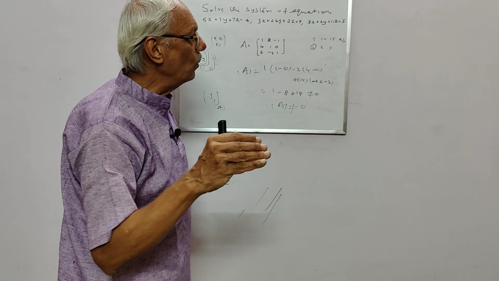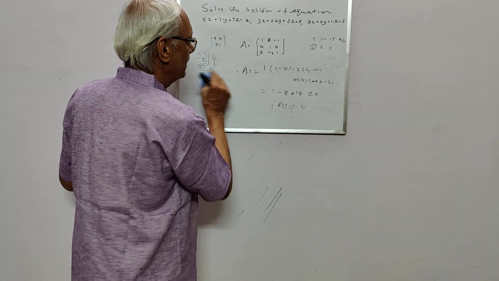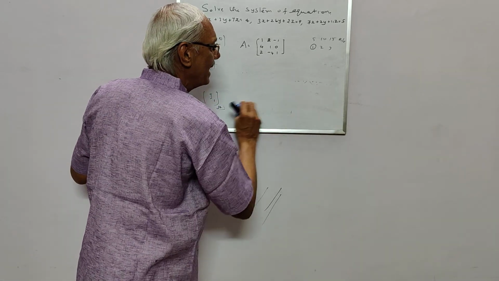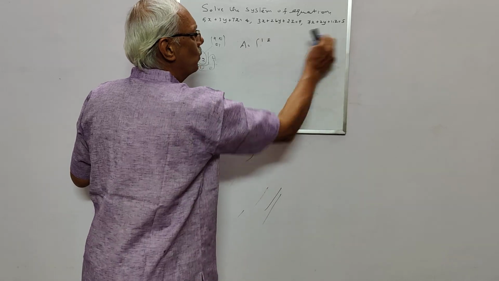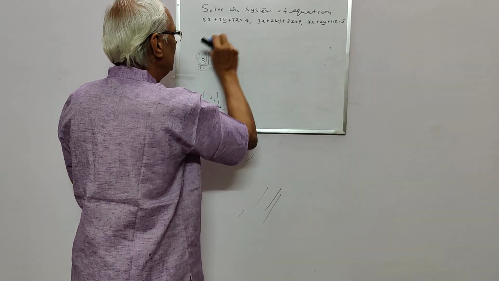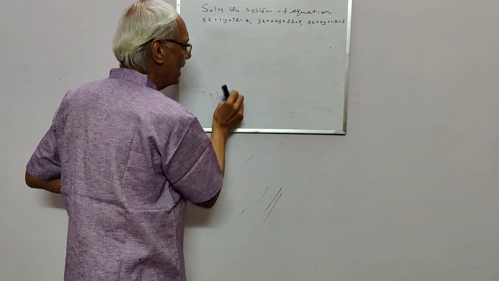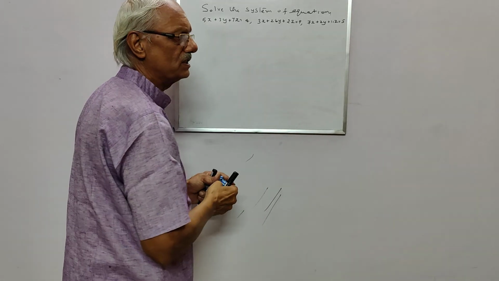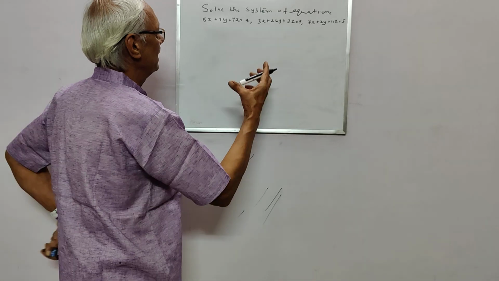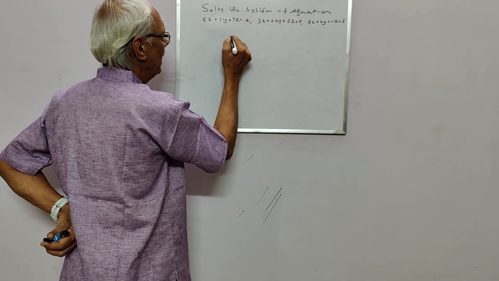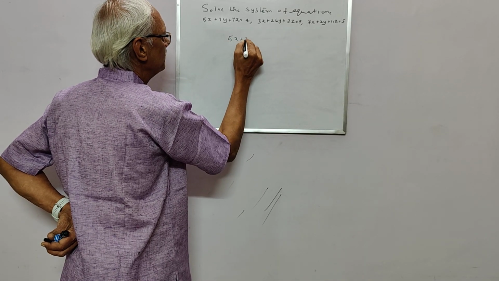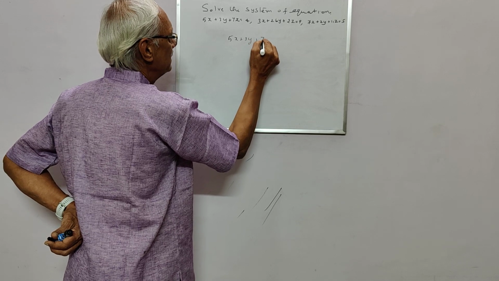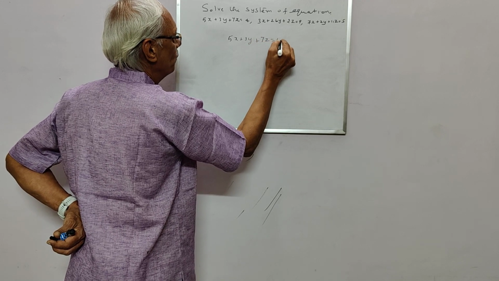Okay. Now what it tells you is how the rank plays an important role. I want to emphasize only on that: how the rank plays an important role in deciding the consistency of this equation. See, for example, here 5x plus 3y plus 7z is equal to 4.